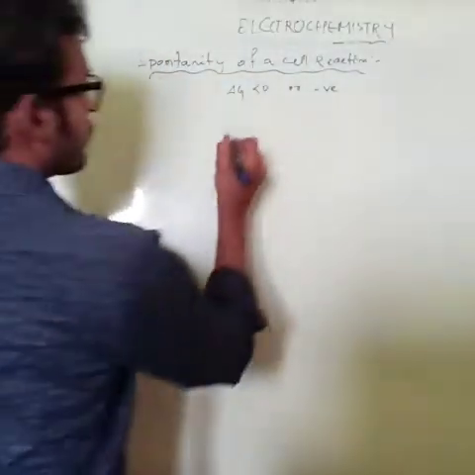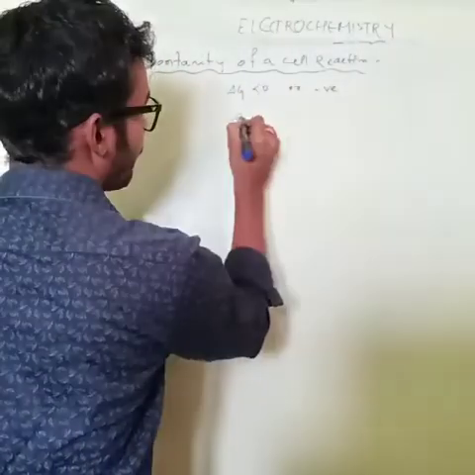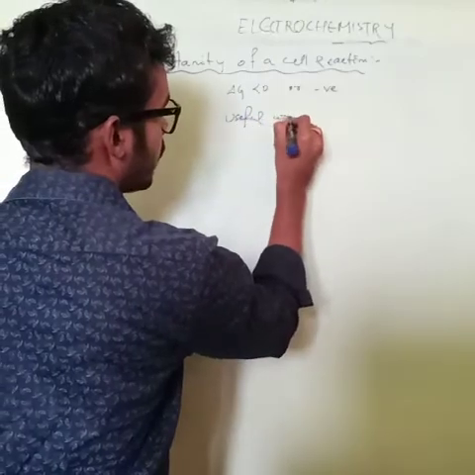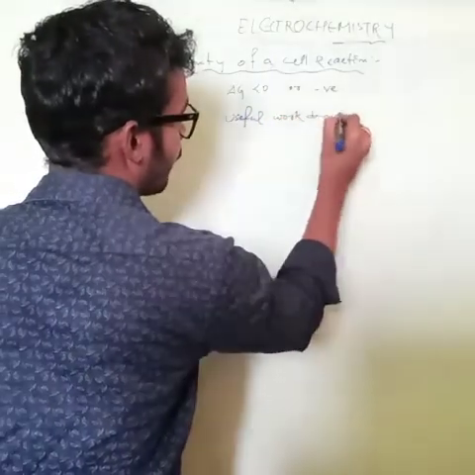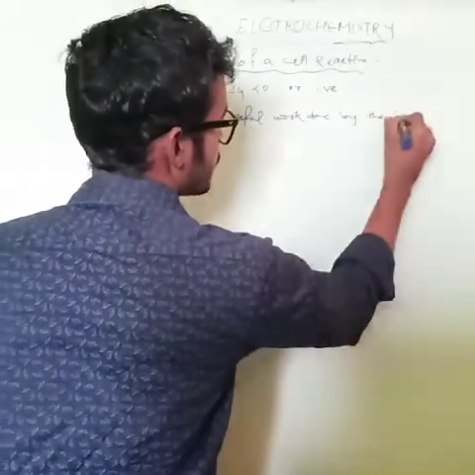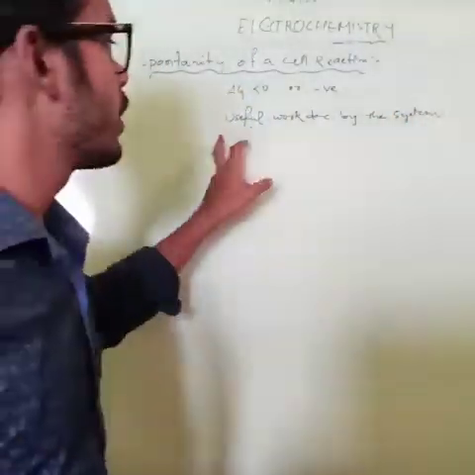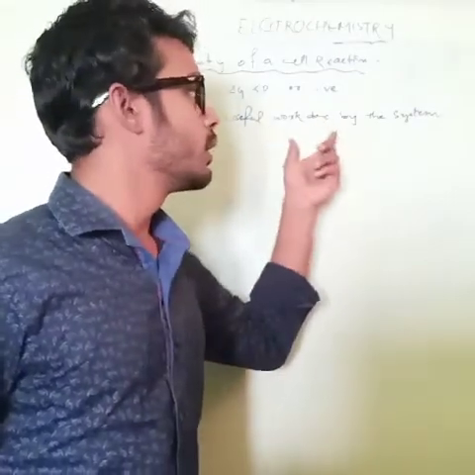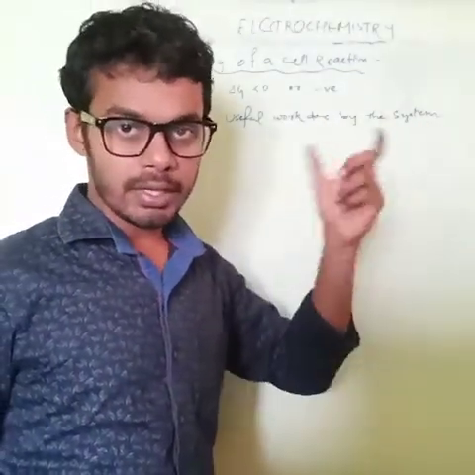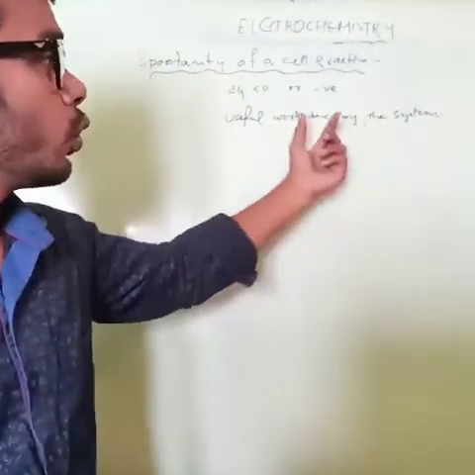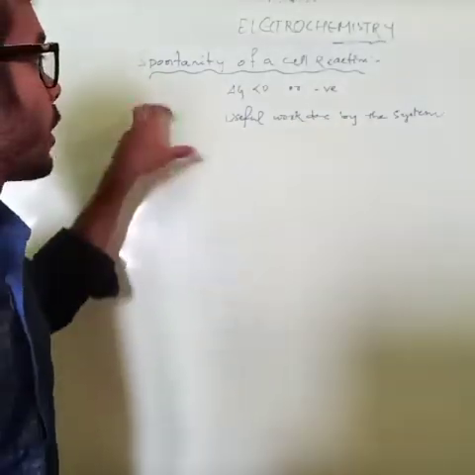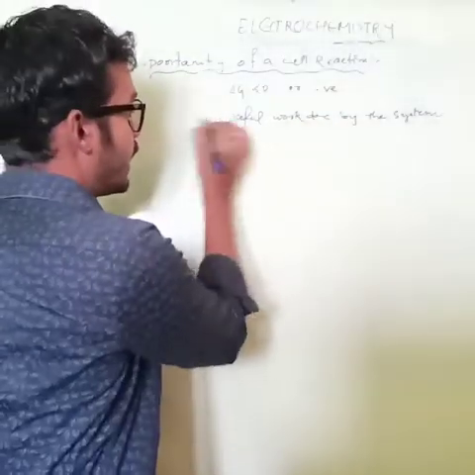The useful work done by the system. The energy associated to do work, or free energy. But for spontaneity, that must be negative.